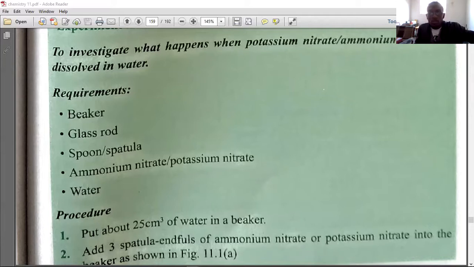In the first experiment, we're going to use a nitrate, and in the second experiment, sodium hydroxide, to see how we can distinguish between an exothermic and an endothermic reaction.